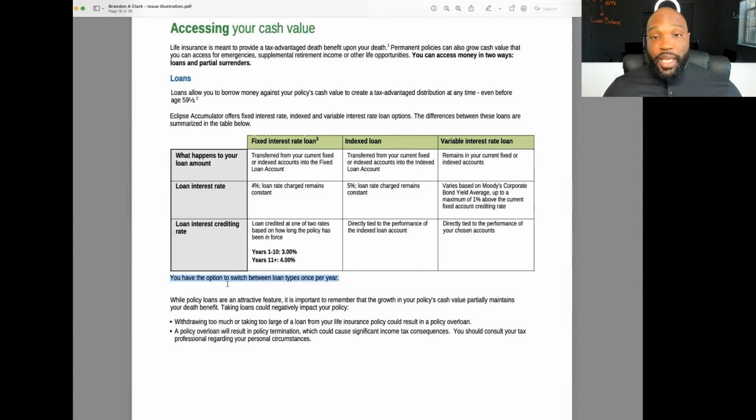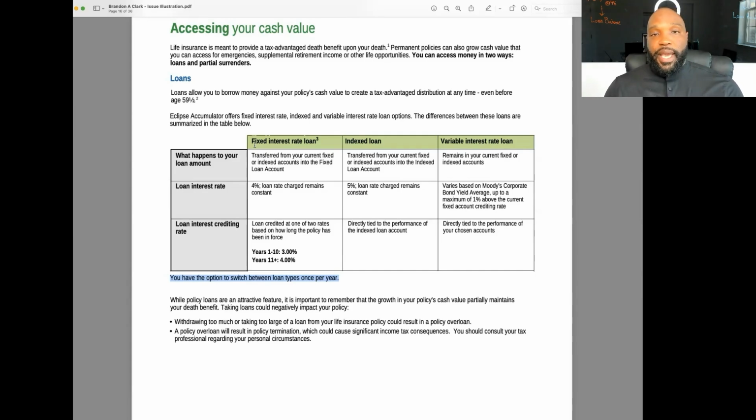depending on the carrier. There's even some companies that allow you to have a combination of fixed and index loans at the same time, right? So you can have 50% of your money in a fixed allocation loan and 50% in an index allocation loan. So you can get really, really creative with it. There's a lot of different IUL products out there.